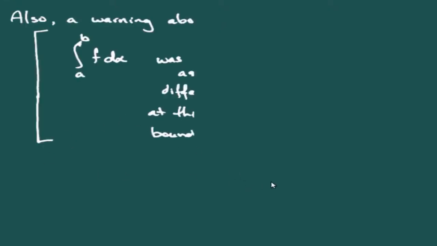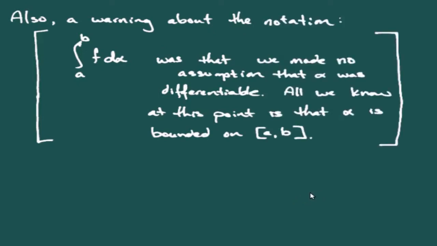So at this point, in seeing this notation, it's probably good to issue a little word of warning. When we have this notation, the integral from a to b of f d alpha, remember that we made absolutely no assumption that alpha was going to be differentiable in any way. We write the d alpha, but all we really know is that alpha is going to be some bounded function on our closed interval [a, b]. So be careful when you're seeing this d alpha not to make the leap to the assumption that alpha is going to be differentiable.